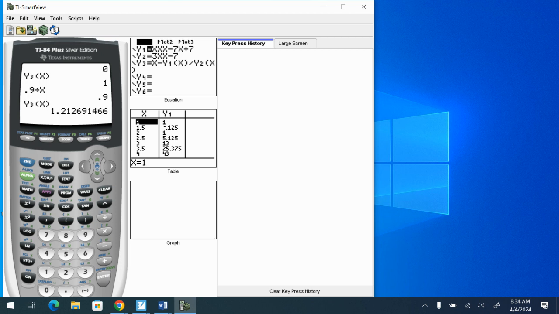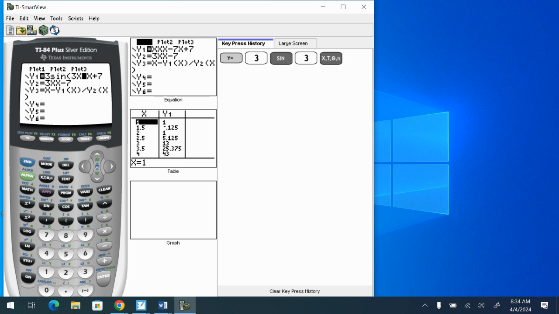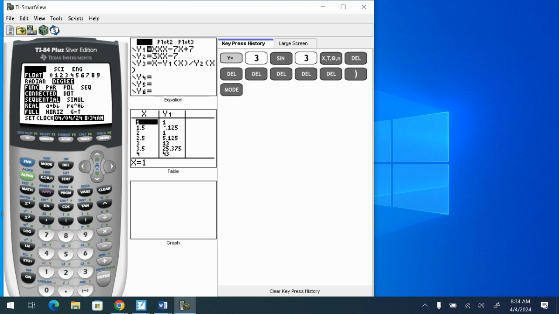Or if we go back to what we have dealt with before, go into your y equals and type in 3 sine 3x, and you can leave it as x. Is it 3 sine 3 theta? All right. Now, what you need to make sure of, though, is that your mode is in degree mode. Okay, you're in your degree mode here.